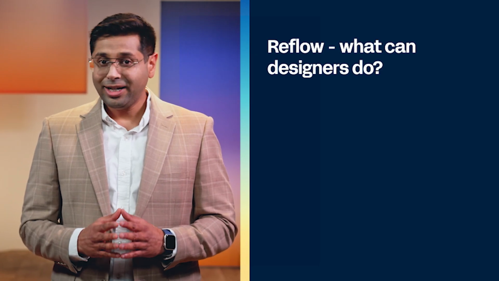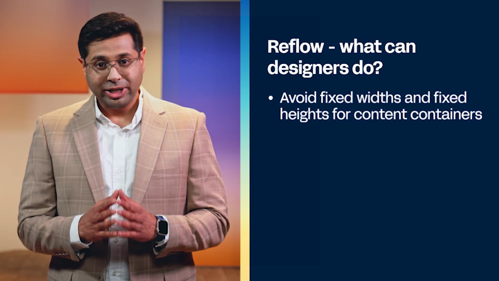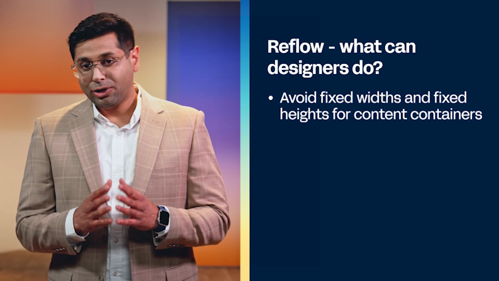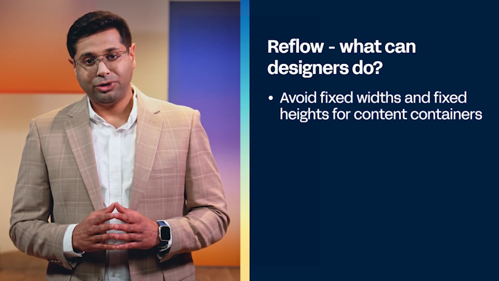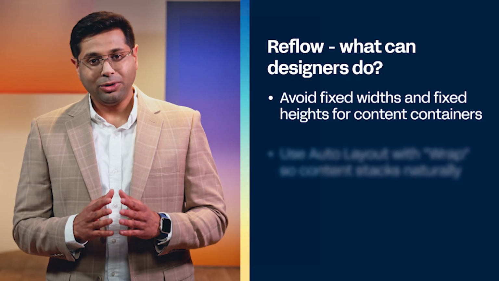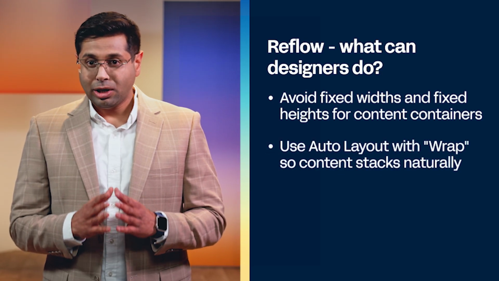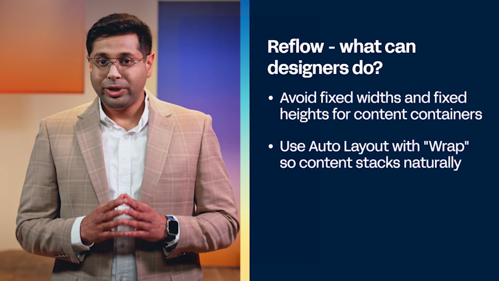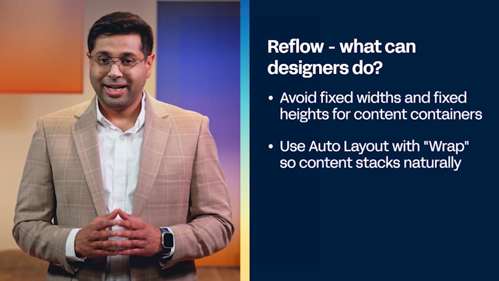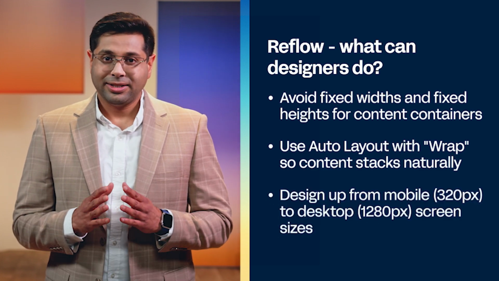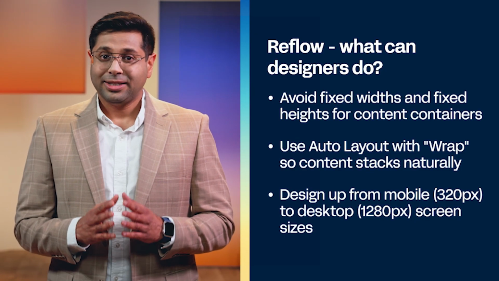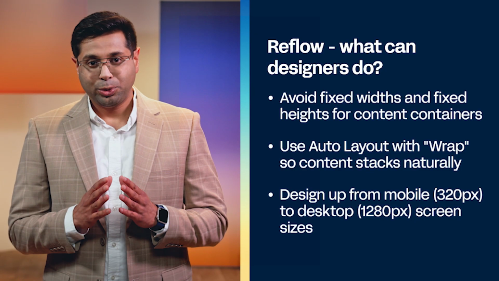Well, when designing in Figma, avoid fixed width and fixed height for content containers, as this can cause content to cut off or overflow. The auto layout with wrap feature should also be used so content drops to the next line when the width is reduced. And lastly, we recommend that designers adopt the mobile-first approach, meaning designing with 320 pixel up to 1280 pixel screen size.